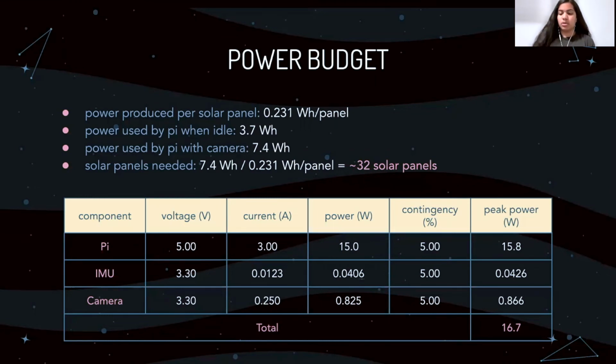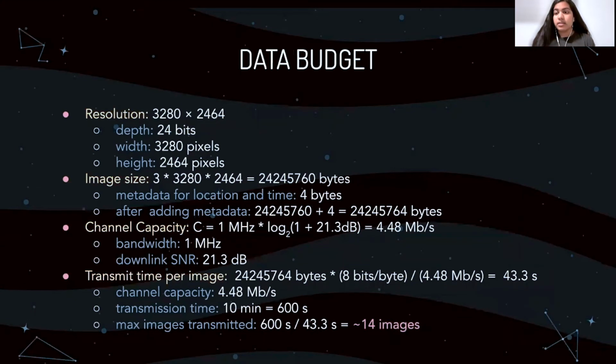And as for the data budget, the resolution of the images taken by the Raspberry Pi is 3280 by 2464. Since each pixel is 3 bytes, because of the 3 RGB values, that would be 24 bits, because each byte has 8 bits. Then we have the width and height based on the resolution itself.